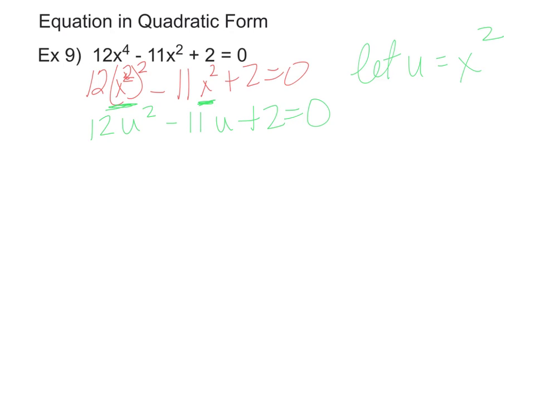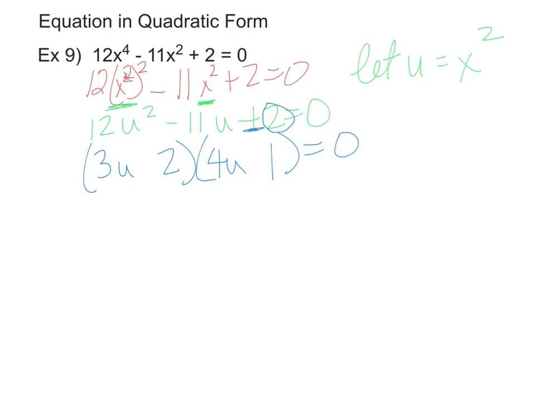Good old factoring. So now I'm going to break this into our two sets of parentheses. 12, you have several options whenever it comes to 12. However, notice that there is a 2 in the back. So remember, you can't have the same factors within. So I'm going to go with a 3u and a 4u, which means that 2 has to go in the front and the 1 in the back so that I don't have like terms.